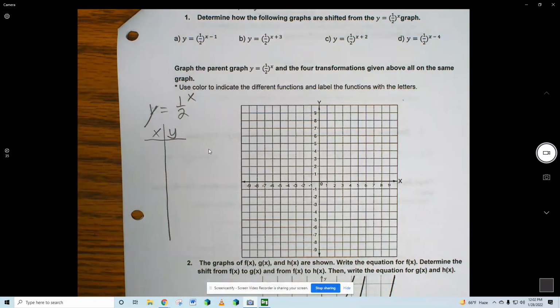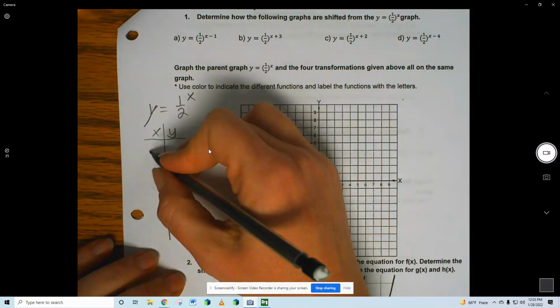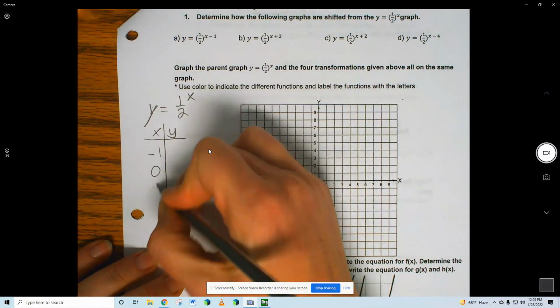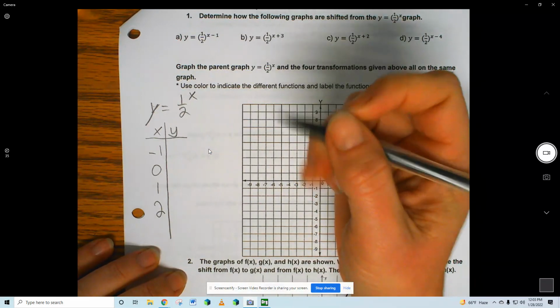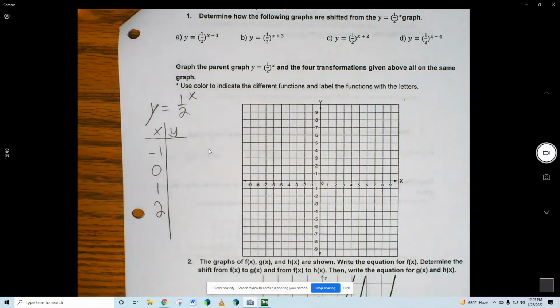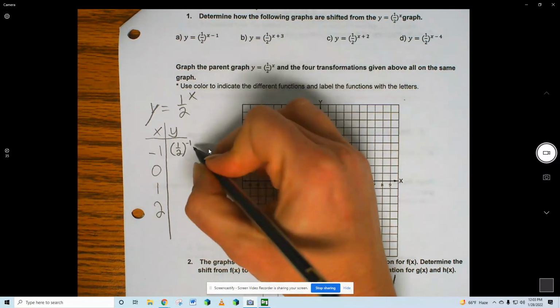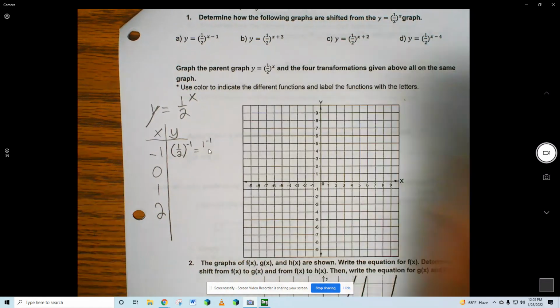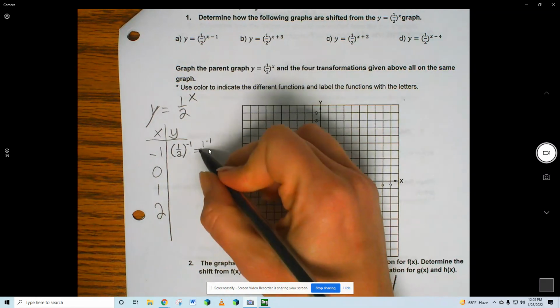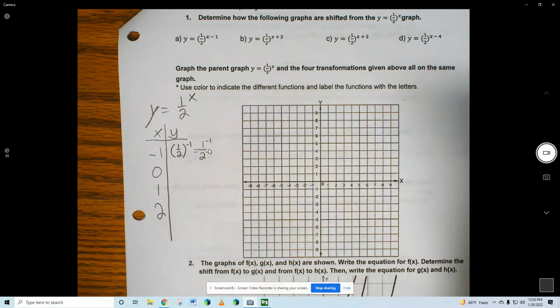Drawing the parent function just means that you know what the original used to look like. So I'm going to put it in my homework answer key, the parent function. -1, 0, 1, and 2. I'm going to write out the work because you need to remember this. 1/2 to the -1 means the numerator goes to the -1, the denominator goes to the -1.